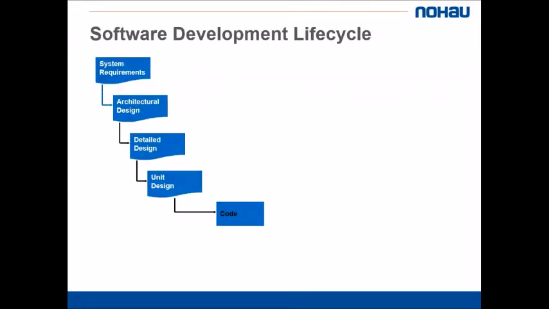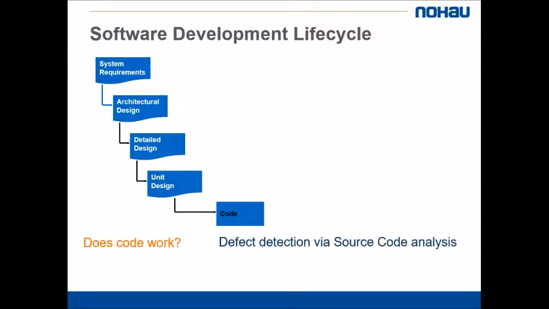So where does unit test fit in, and what do we mean with unit testing? Looking at the development cycle, let's say you have produced your code. The first thing you do is, of course, to see that it compiles. The second thing you do is to check whether you have robust code. Make sure that you don't have any obvious structural problems in your code.